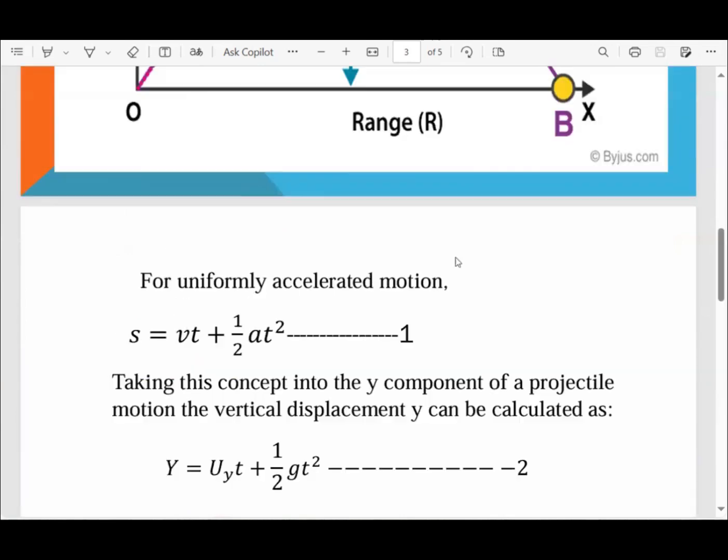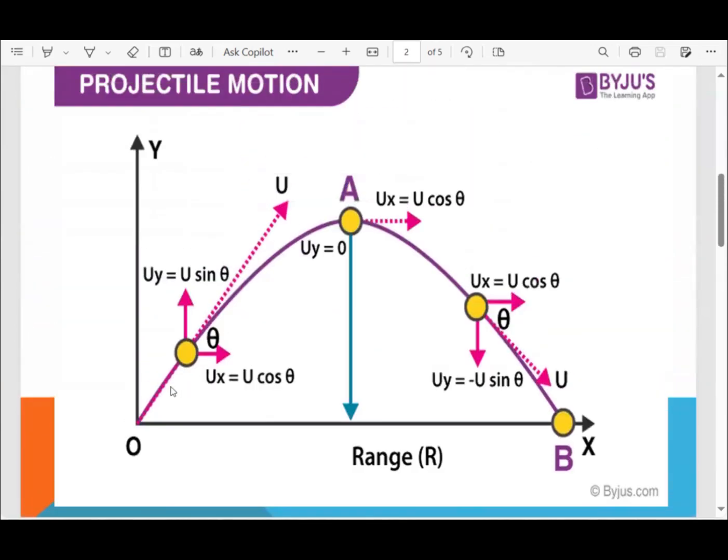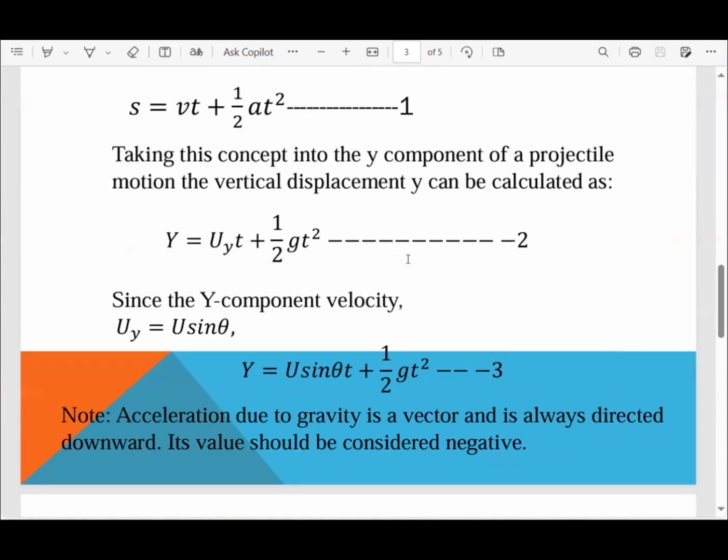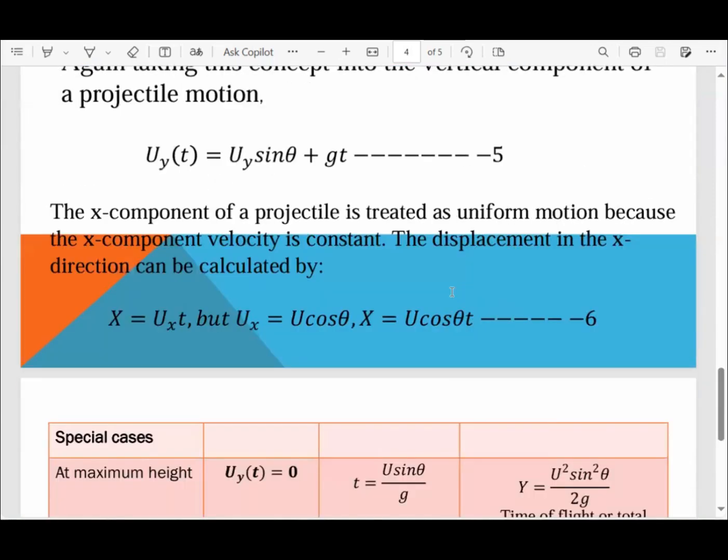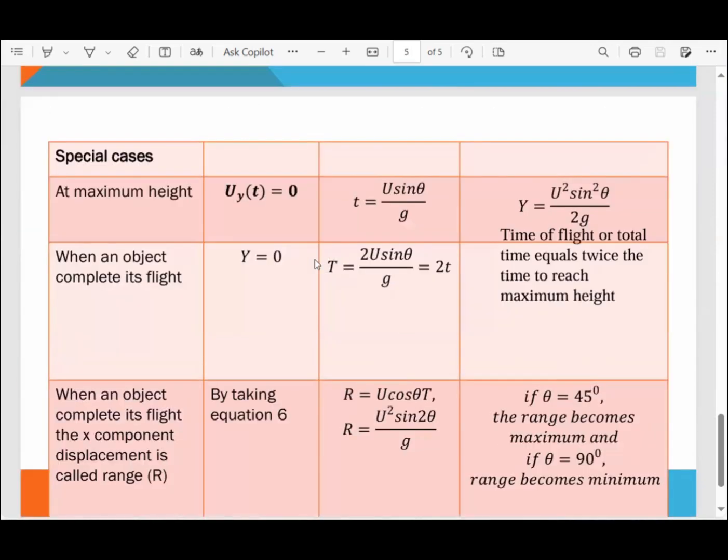The other special case is when the object returns to its original position, the vertical displacement is equals to 0, and the time required to complete the whole flight is called total time or time of flight. So by taking the vertical displacement is equals to 0, when we rearrange this equation, finally it gives us the time of flight is equals to twice of u sine theta over g.